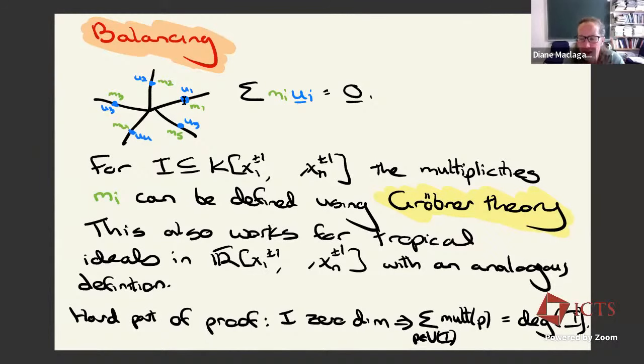But it doesn't let you define things automatically for things like families over an affine line. So families over more interesting bases are something that we still have to understand a little better in this world.